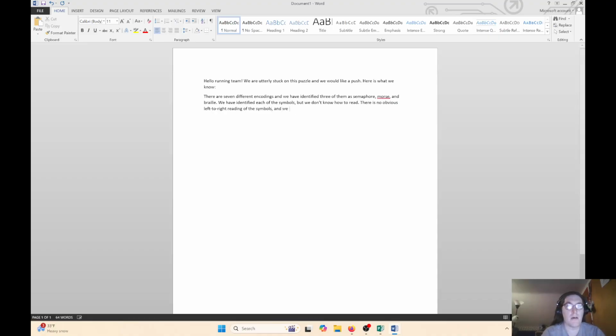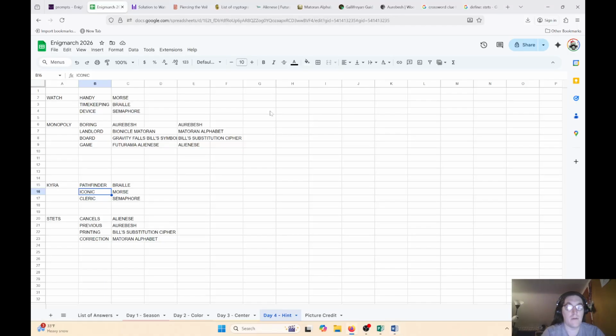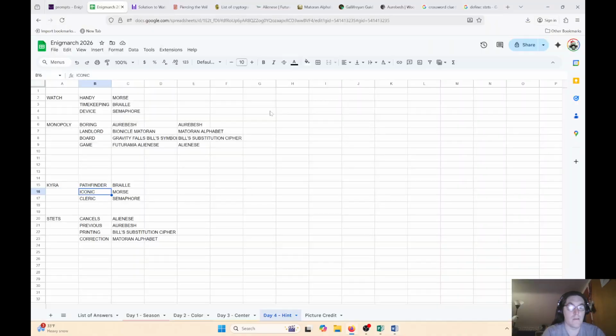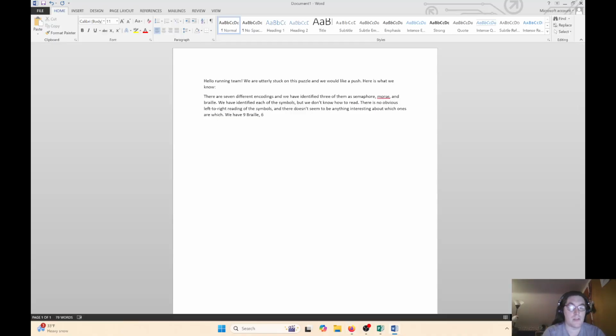And there doesn't seem to be anything interesting about which ones are which. So Pathfinder would normally be 10, so they have 9 Braille. No, they have 7 Morse and 6 semaphore, except they're going to do it in the same order as semaphore Morse.